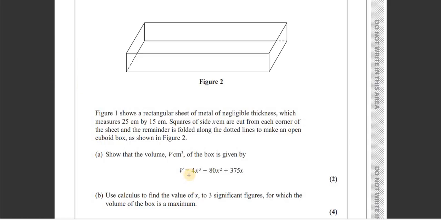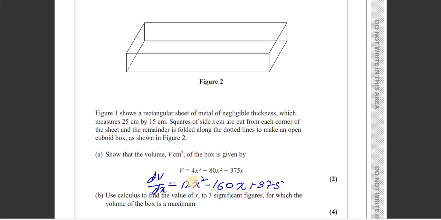V is 4x cubed minus 80x squared plus 375x. If you differentiate, dV by dx would be equal to 12x squared minus, not 40, minus 160x, and plus 375.